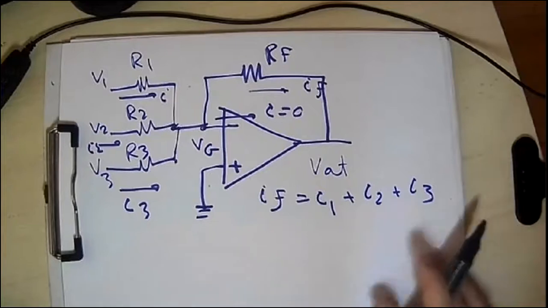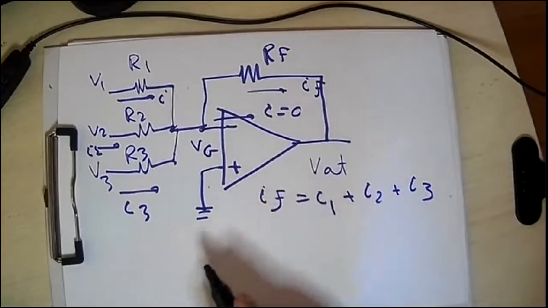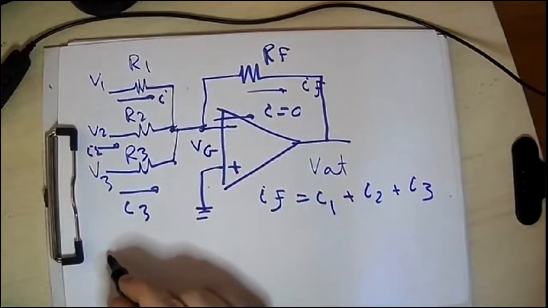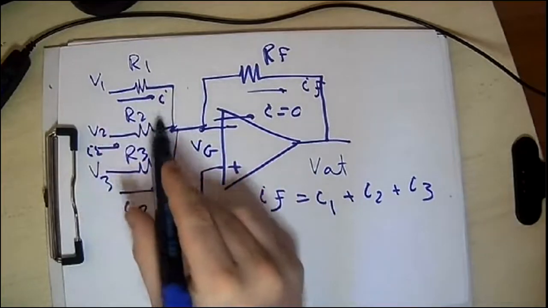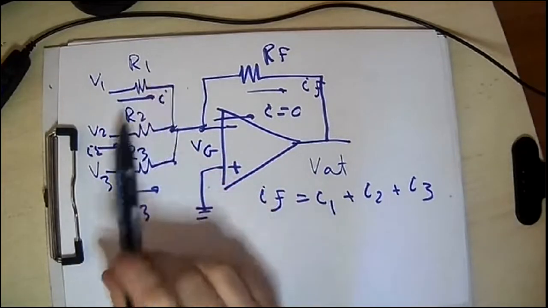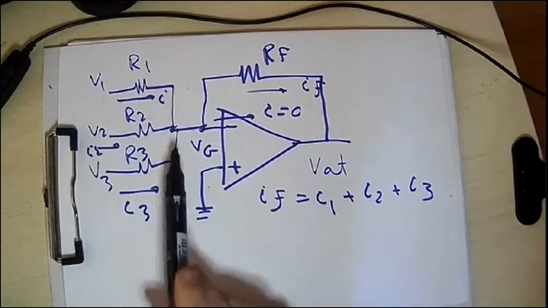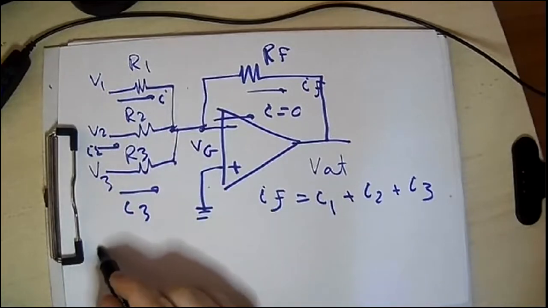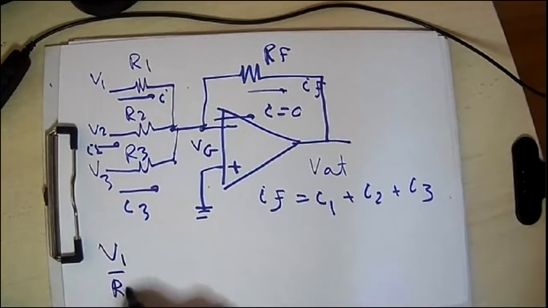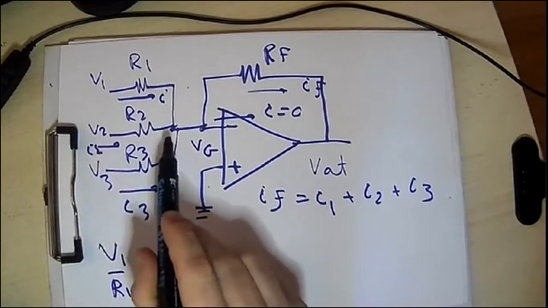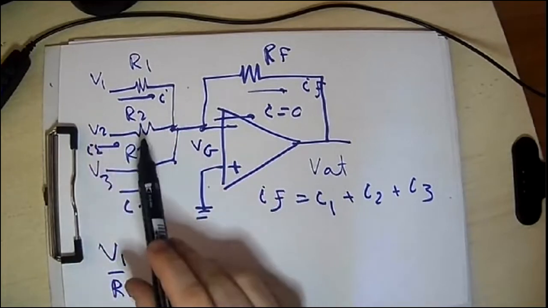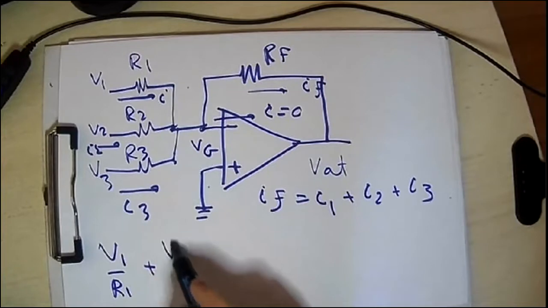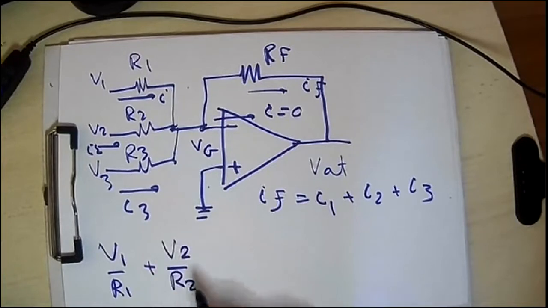So by writing this equation, you can just say that the current flowing in the first branch is V1 minus 0 over R1, so it's V1 over R1. The current flowing in the second branch is V2 minus 0 over R2, so plus V2 over R2.